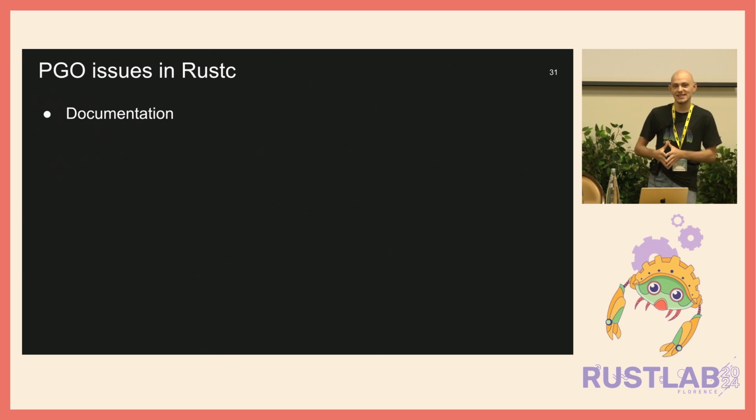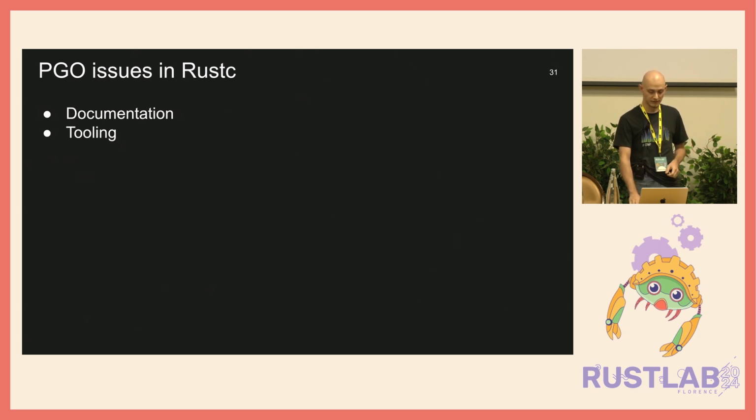The issue is that they are not fully compatible, and you will need to know a lot about PGO to find the right pieces of Clang documentation that are applicable to Rustc. I know them. Many people, I think, don't. So the documentation can be improved, but as I said, no one cares.